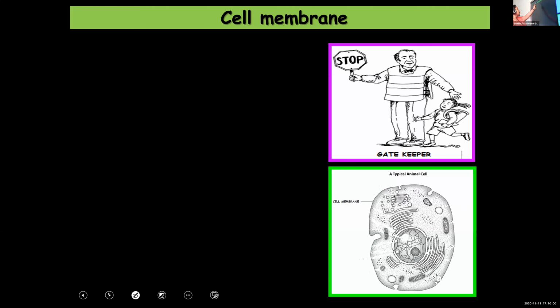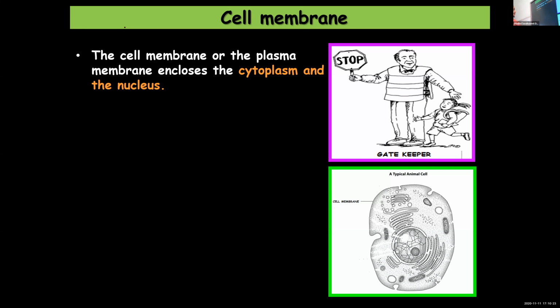We will start with the first one, that is cell membrane. We even call it a plasma membrane. Whenever we are explaining the parts of a cell, we'll try to compare it with some component or some part there in our school. Let us start with cell membrane.